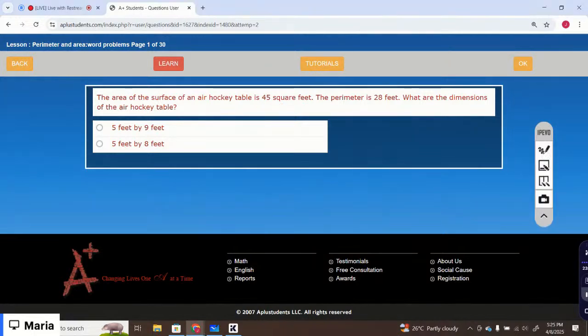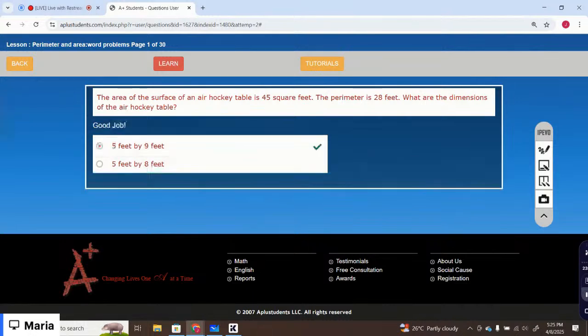So the correct option is option number 1, that is 5 feet by 9 feet.